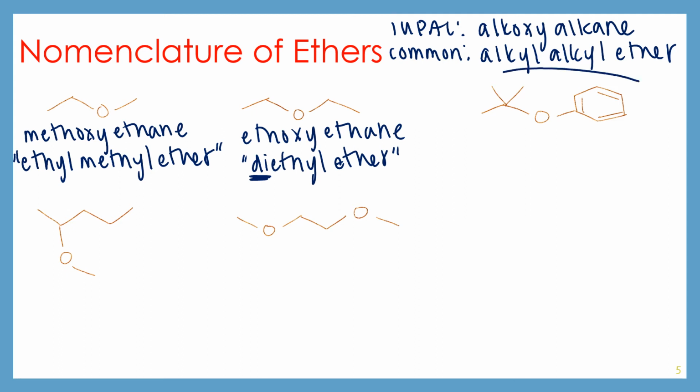Let's take a look at this next one. So this next one has two different things going on. We have a tert-butyl group, and we also have a phenyl group. The question is, which one is a substituent on the other? This one is a really good example of when the common name is much easier.